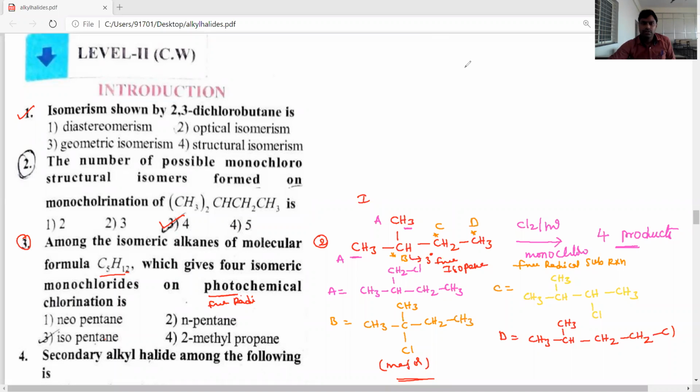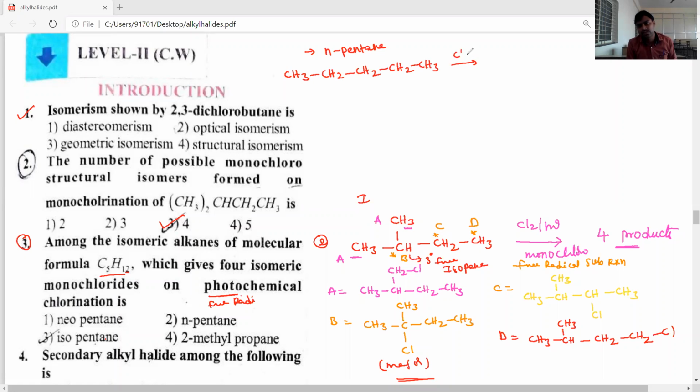Let's see the first one, n-pentane. n-Pentane means 5 carbon atoms in a straight chain: CH3, bond CH2, bond CH2, bond CH2, bond CH3.